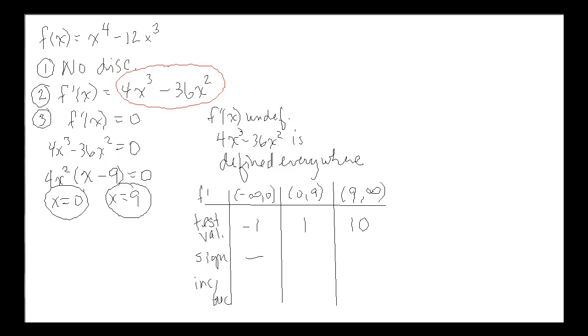Okay, plug in the value 1, it'll be 4 times 1 minus 36 times 1. So 4 minus 36, that'll be negative. And then plug in the value 10. So 4 times 10 cubed, so that's 4 times 1,000 minus 36 times 10 squared. 10 squared is 100. I get 400, so that's positive.